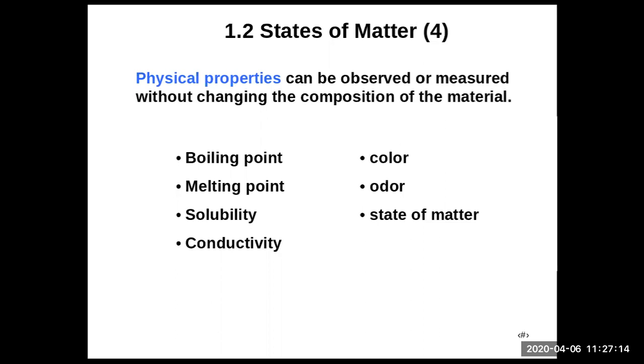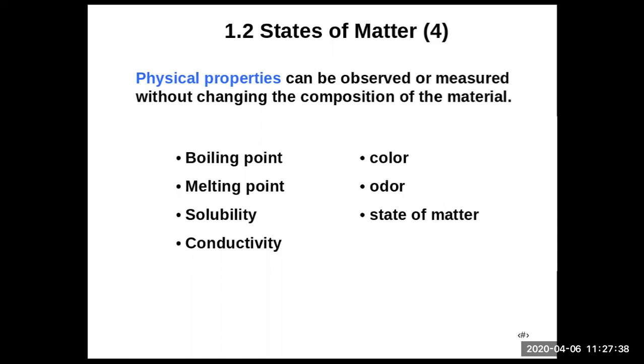Obvious physical properties are color and odor, which you can detect without changing the composition of the material, and state of matter, which means whether the substance is in a solid, liquid, or gas state.